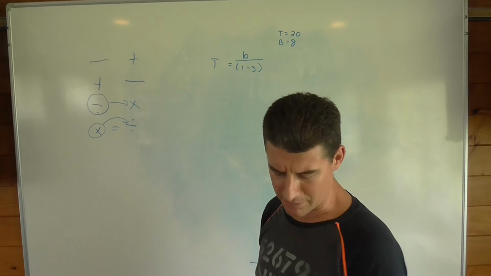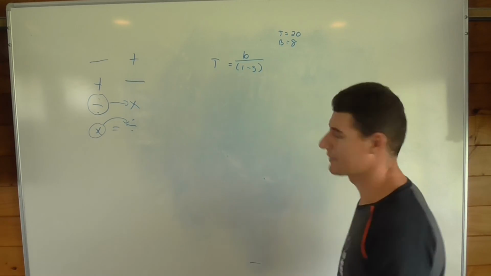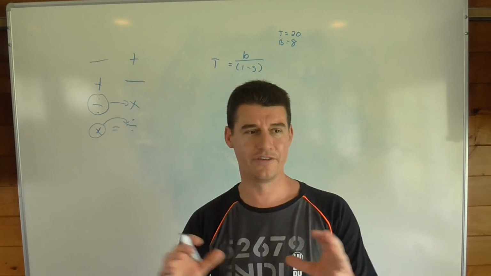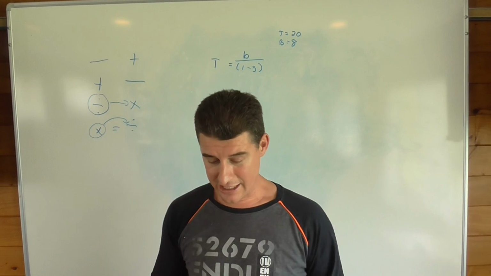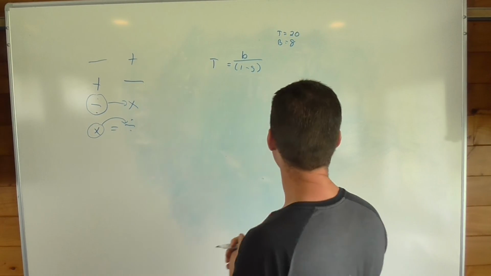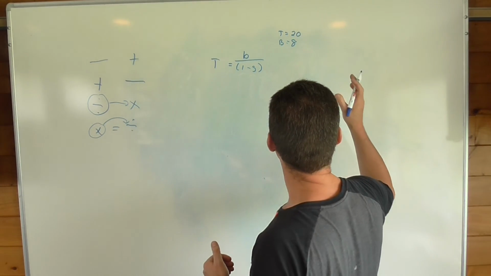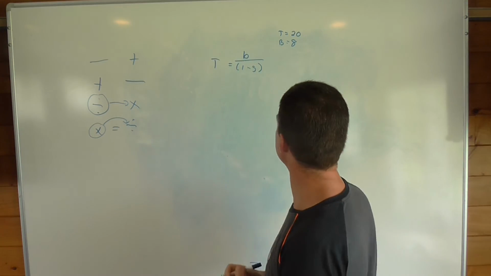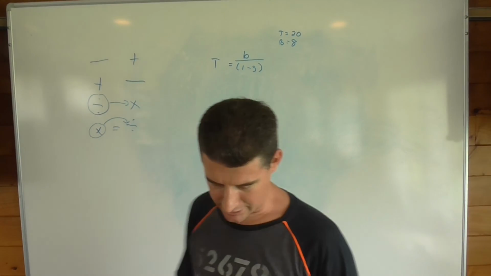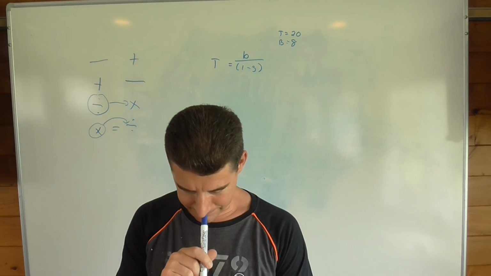So there's one of two ways you can do this. But obviously they want you to first change the formula to S. You're going to have to do it. If that's not quite what they require, then you can just simply fill in T as 20 and B as 8, and then do your calculations.